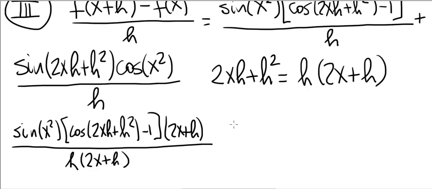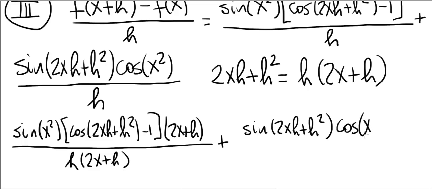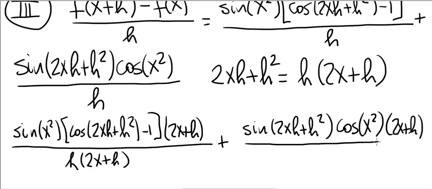Multiplying and dividing by the same thing does not change the problem. Plus sine of 2xh plus h squared times cosine of x squared, times 2x plus h, divided by h times 2x plus h.